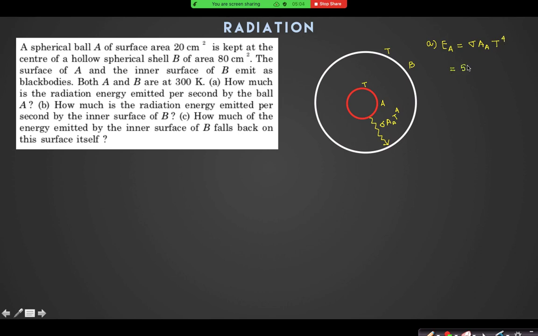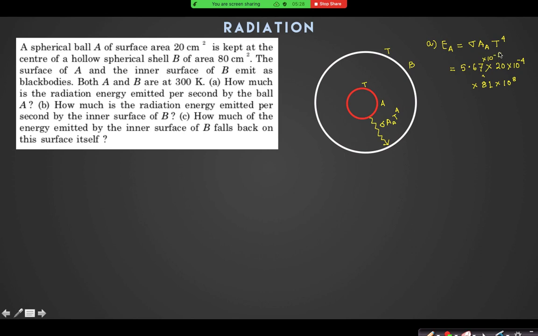That is 5.67 into the surface area of this ball, 20 centimeters square, means 10 power minus 4, into temperature to the power 4, means 3 power 4 into 10 power 8, and there is a 10 power minus 8.